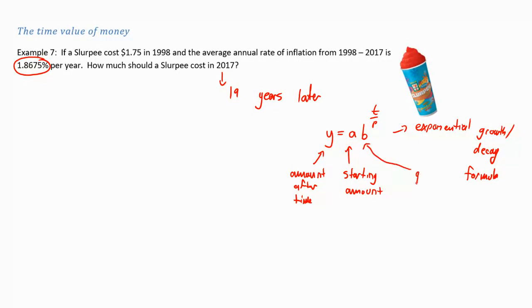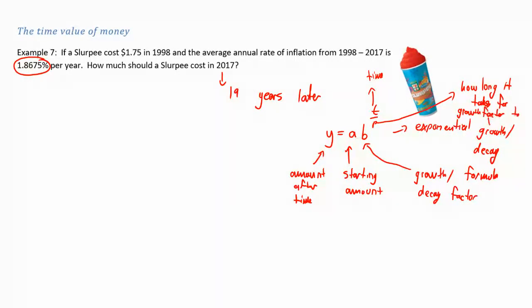This is the growth/decay factor. The t is time, and p, we'll cover more examples about p in a second, is how long it takes for the growth factor to happen.